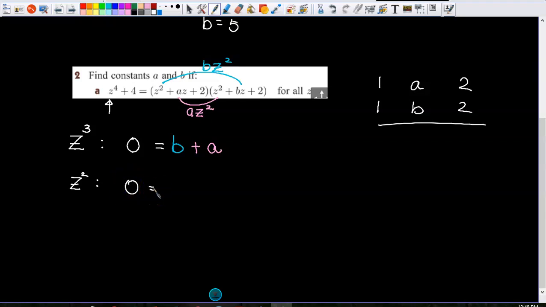So on the left-hand side, what is the coefficient of z squared? 0. On the right-hand side, how do I get a z squared? There's not going to just be 2 ways. There's going to be 3, because I can get it by z squared times that constant. Would you agree? So that's 2z squared. So I get a 2.